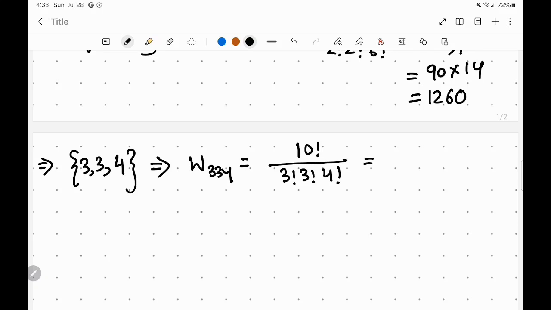So what will be that? 10 factorial by, okay. You can use the calculator directly. Let me use the calculator.